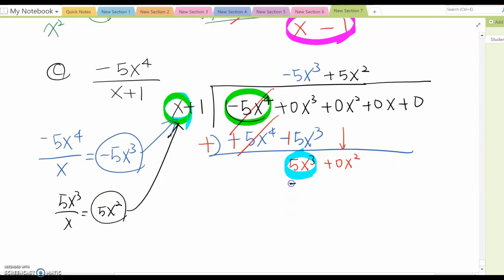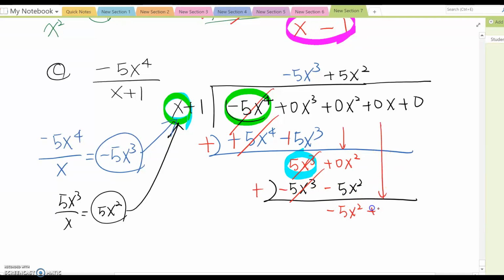Then this becomes 5x cubed plus 5x squared, and you subtract, which means switch their signs. Then this is gone, and this comes down: negative 5x squared and then plus 0x again.